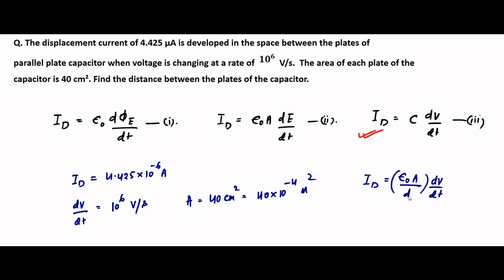Here we have to find D, so we can write D is equal to epsilon 0 A by ID into dV by dt.